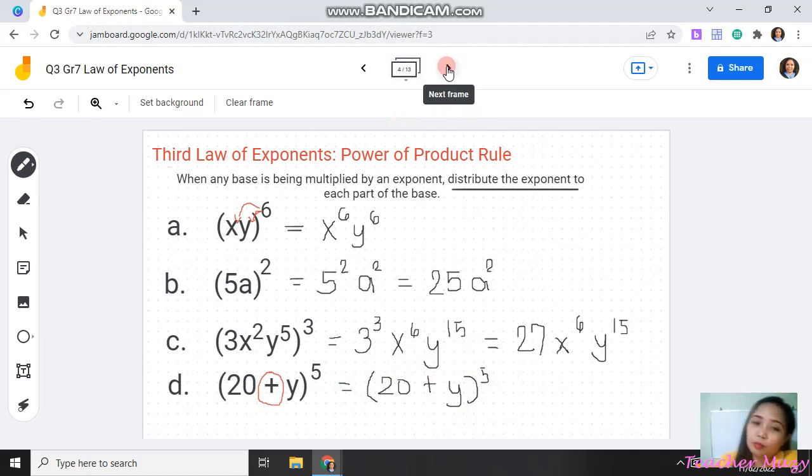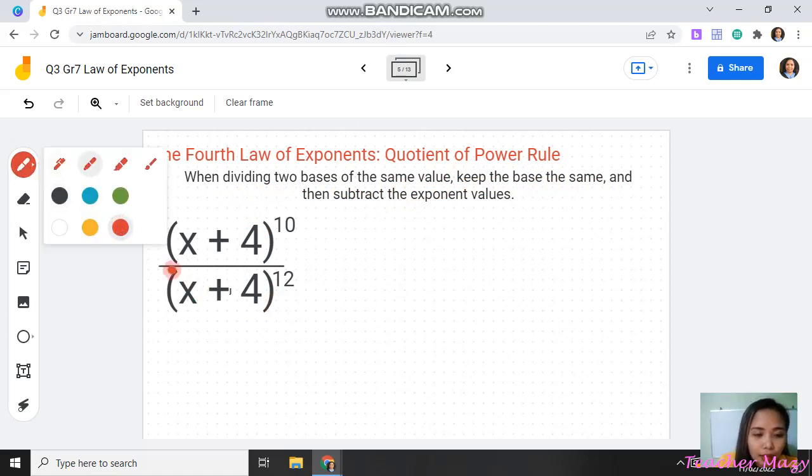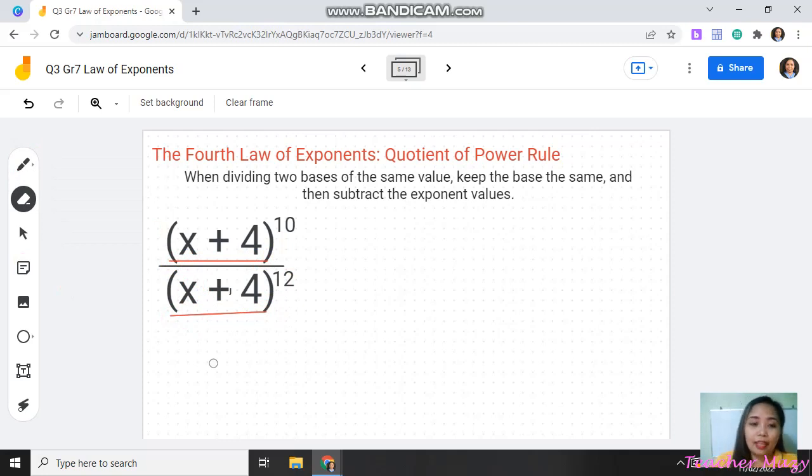Okay, so let's move on to the fourth law of exponents, or the quotient of power rule. So when dividing two bases of the same value, keep the base the same and then subtract the exponent value. So we have the first given, x plus 4 raised to 10, over x plus 4 raised to 12. The base is x plus 4.